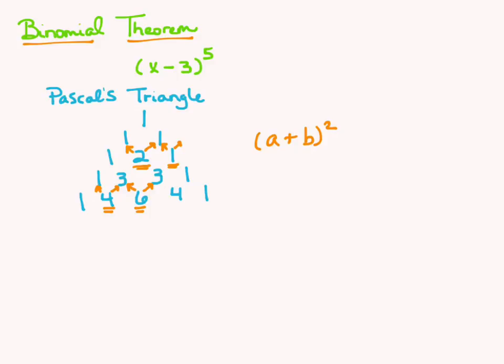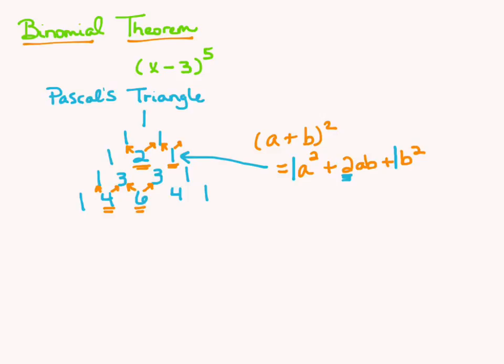If you're familiar with this pattern of expansion, it's equal to a squared plus 2ab plus b squared. And if we consider our coefficients here, my first coefficient is a 1, then I have this 2 here, and then a 1 at the end. Notice this matches those numbers in the second row of Pascal's triangle.